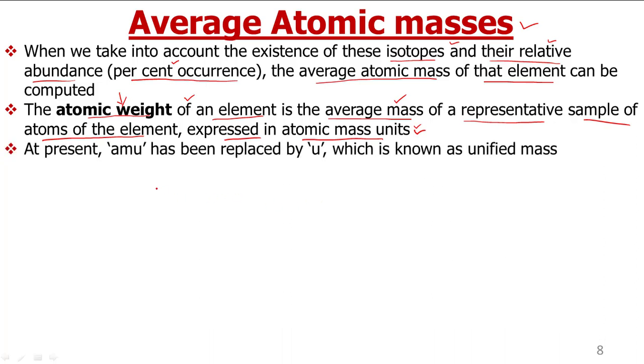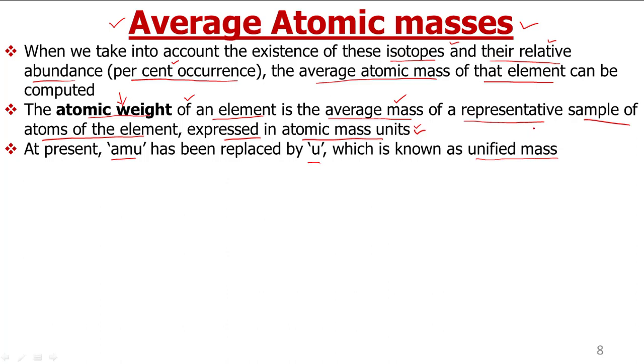Since the atomic mass that is calculated is an average, instead of AMU we use a new unit denoted by U, known as unified mass.